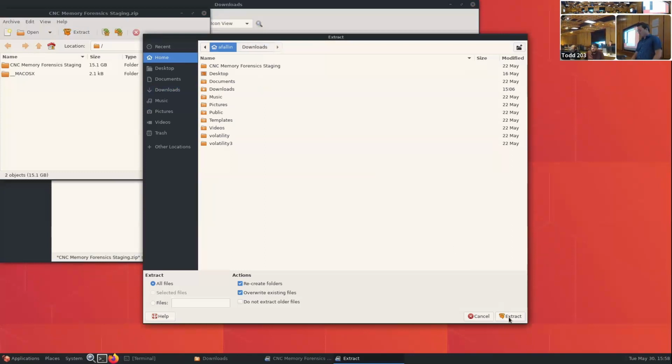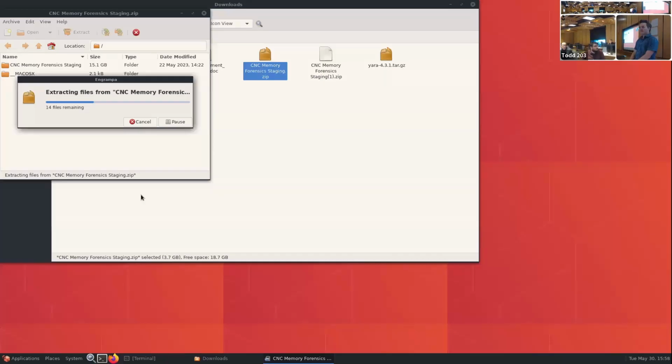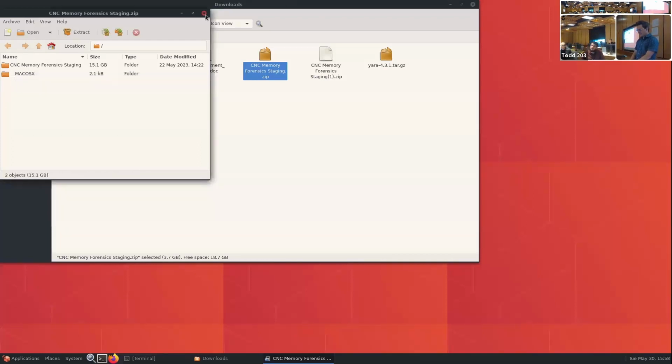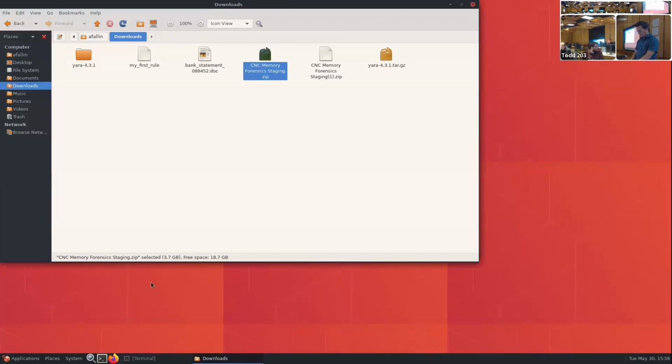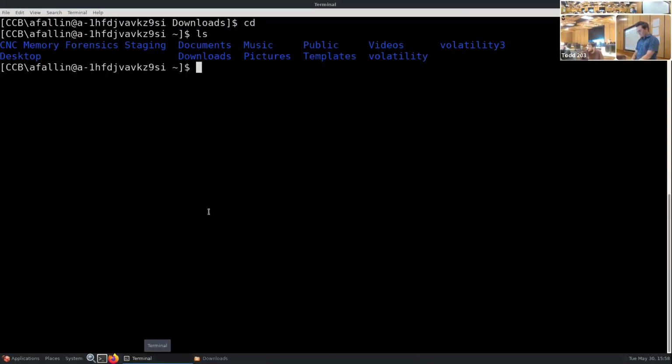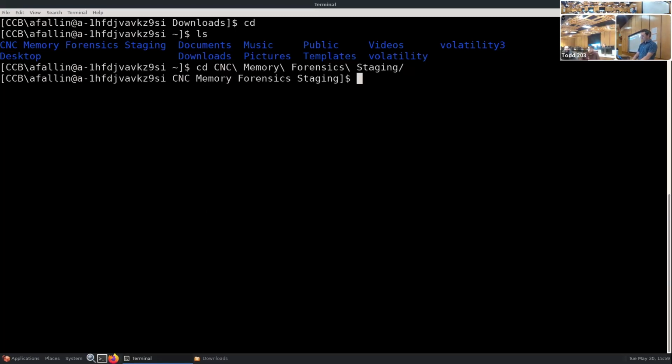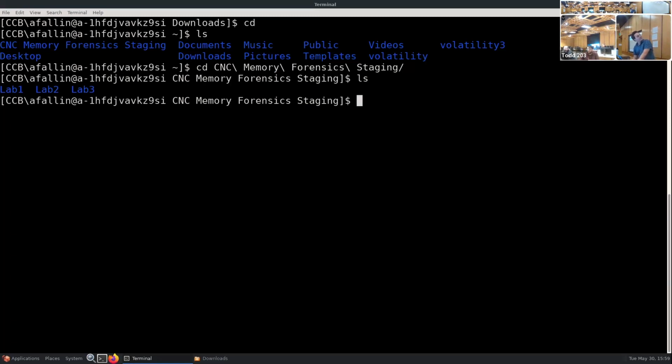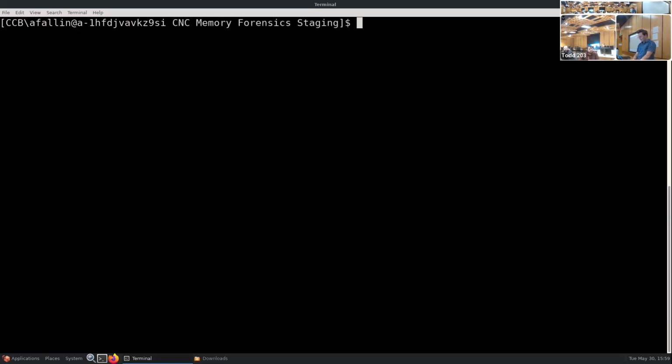Then down here at the bottom, we'll click extract. Okay? Good? Whoever created this file did it on a Mac, so that's a .DS_Store file there.